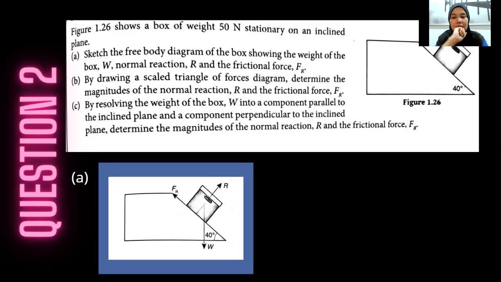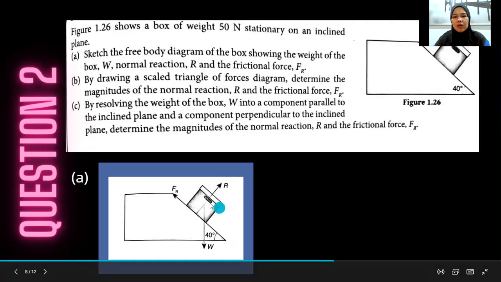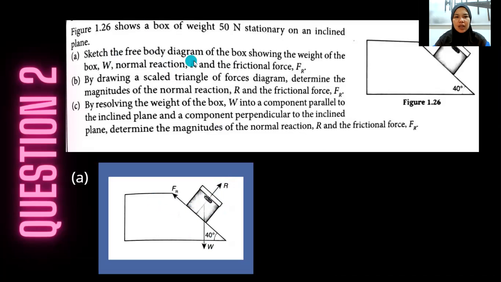The upward force we call upthrust, or lift force. Lift is daya angkat, upward. So the question is, they already find the three forces. Then you already managed to complete question A.